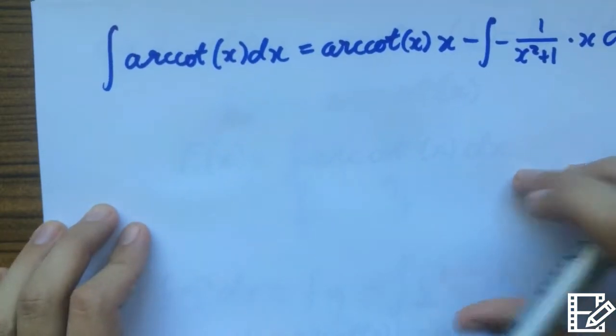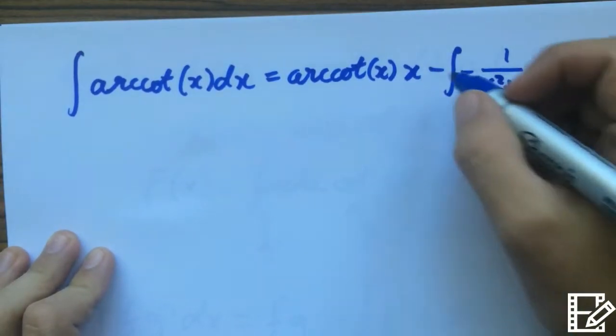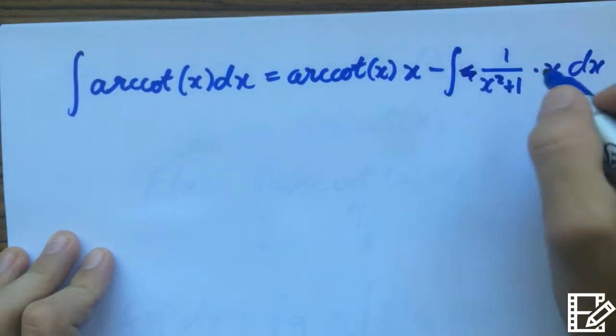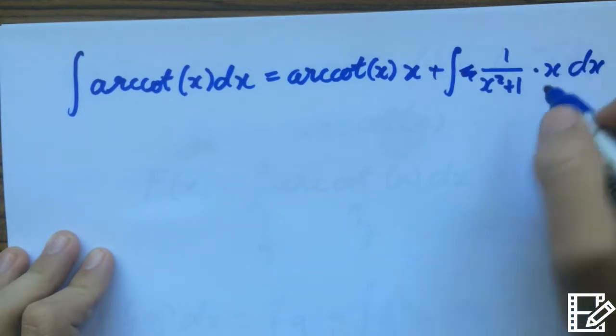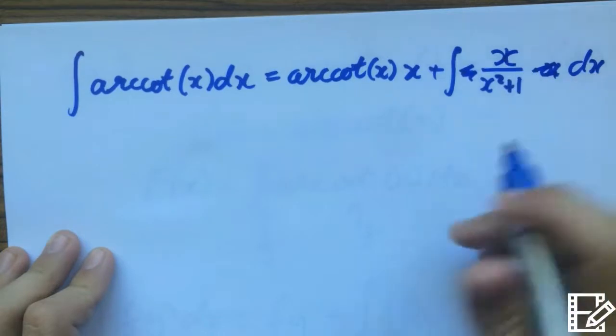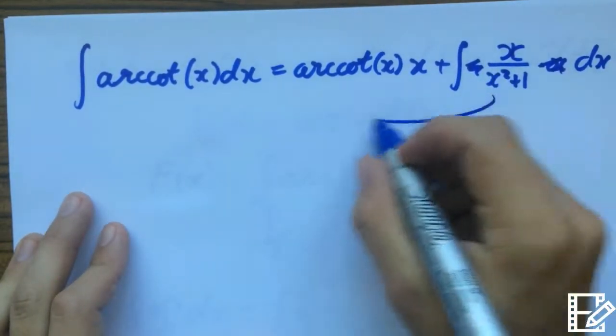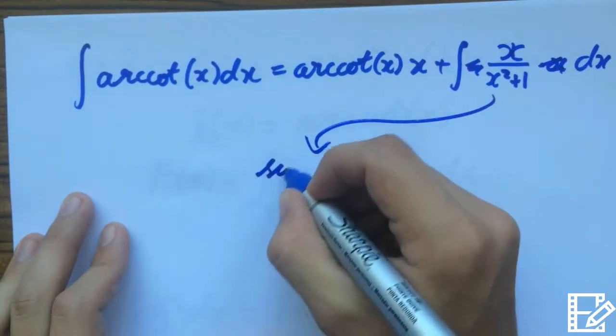So what I'm going to do here is bring this negative out the front, which will get rid of that and make that a positive. And then I'll get rid of this x and bring it on the top, because I'll multiply it on. Now, what we're going to do to solve this, we're going to need substitution.